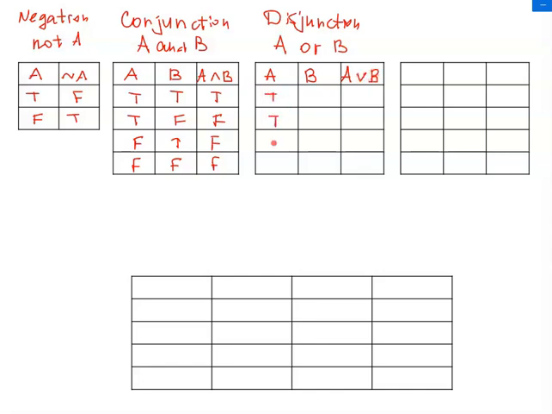And we use the same true, true, false, false, true, false, true, false. So with this, we cover all possibilities. And the result will be true, true, true, and false. So in this case, the result is false only if both statements are false.